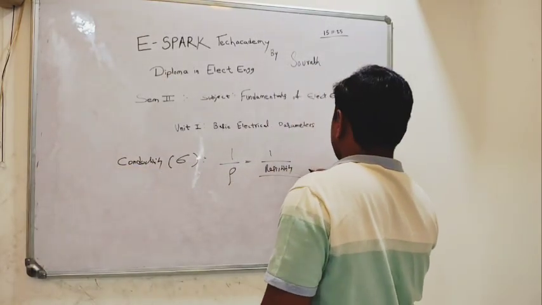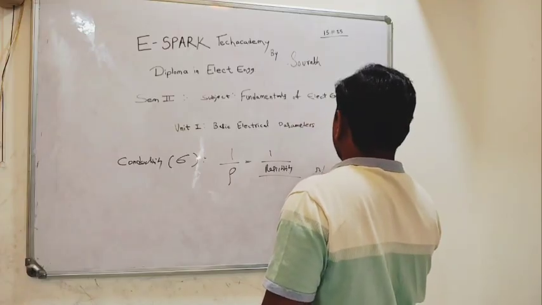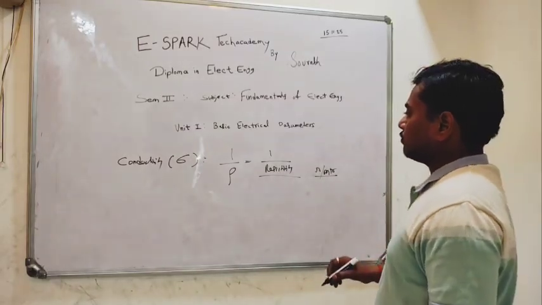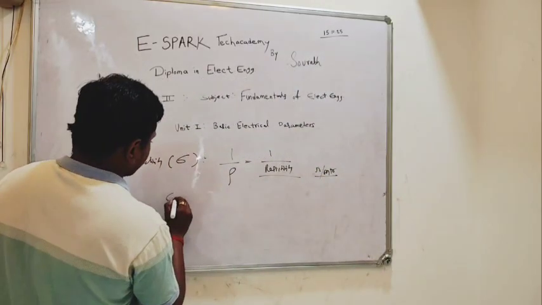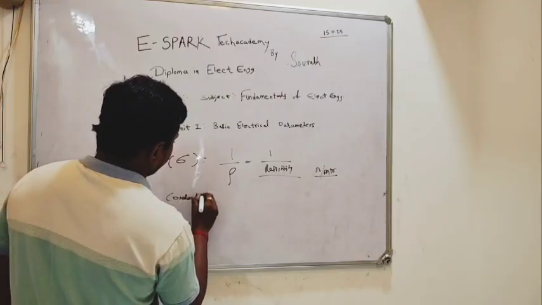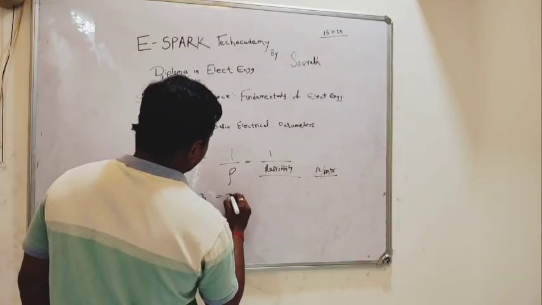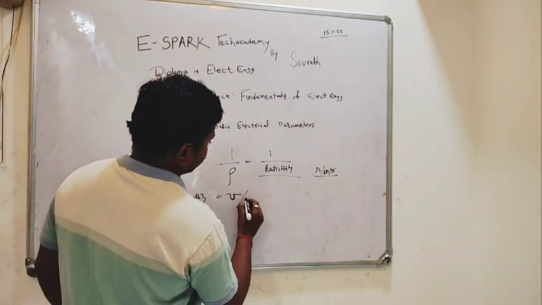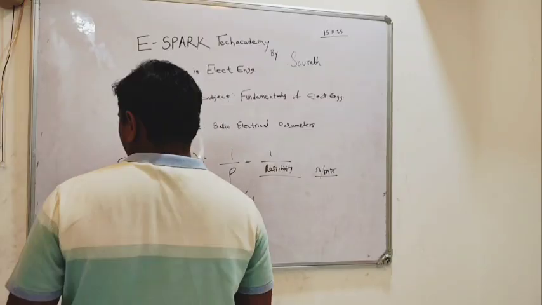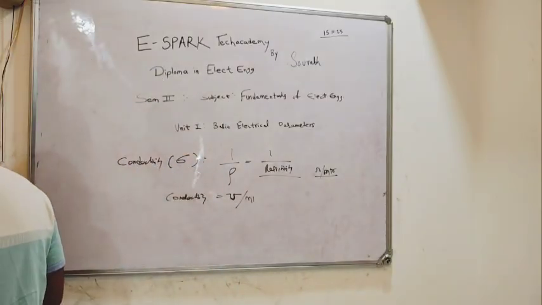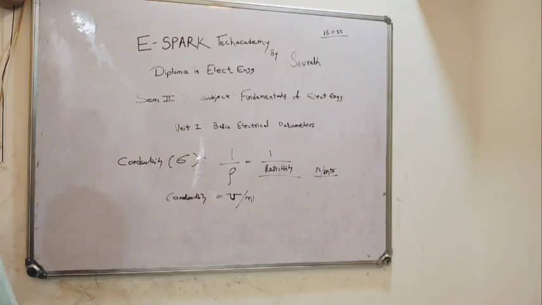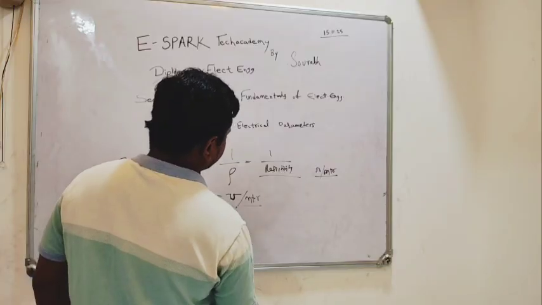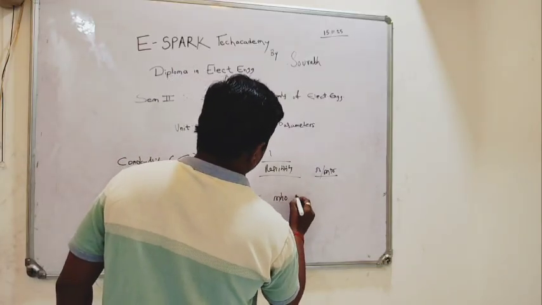Now you know the resistivity unit is ohm meter. Now the opposite of this will be for conductivity. For conductivity you may derive it as mho, the reverse of ohm, so mho per meter.